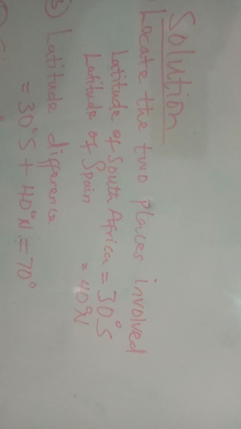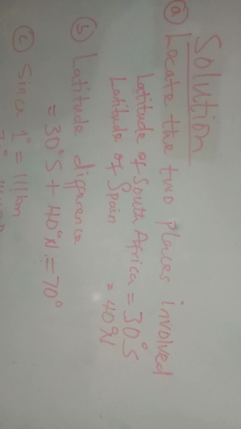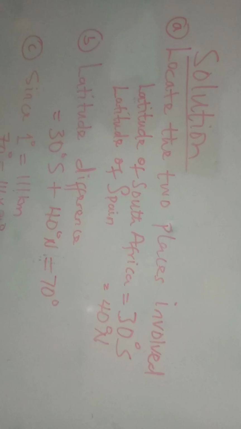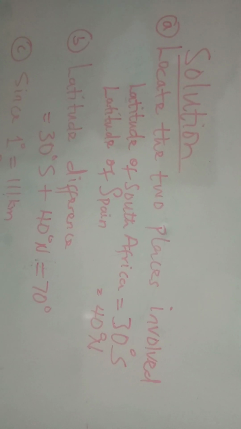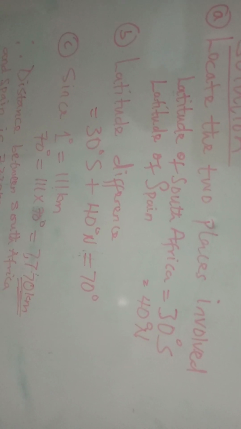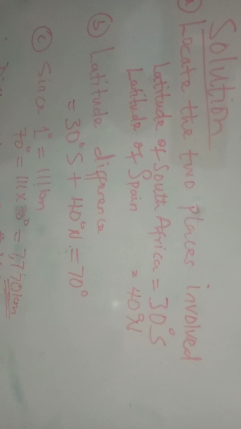The next thing is, we have said we should multiply our degree by 101 kilometers. Since 1 degree is 101 kilometers, therefore 70 degrees will be 101 times 70.